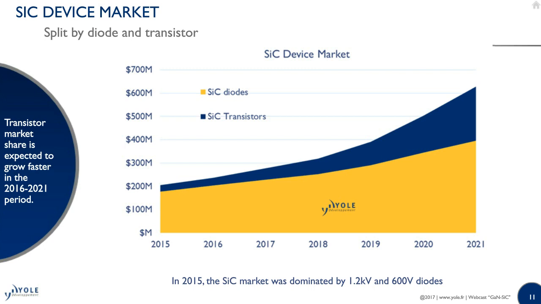So far, the market is still dominated by silicon carbide diodes for the much easier integration in the system, but in the coming years, we are convinced that silicon carbide transistors will have very quick growth in the next 2 years with a CAGR of more than 40%.